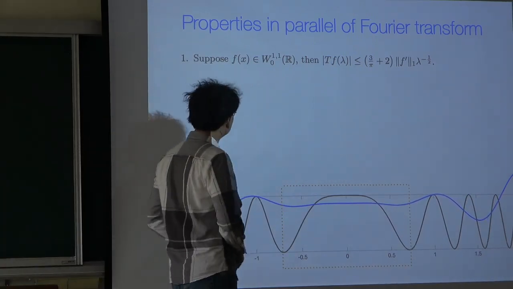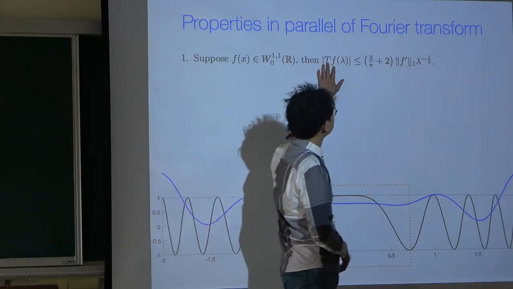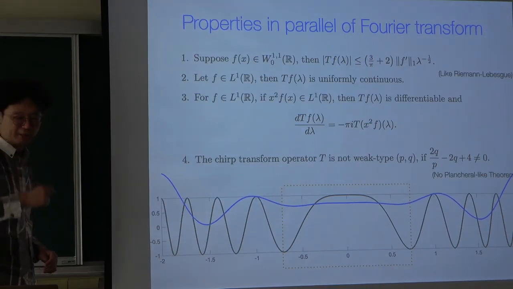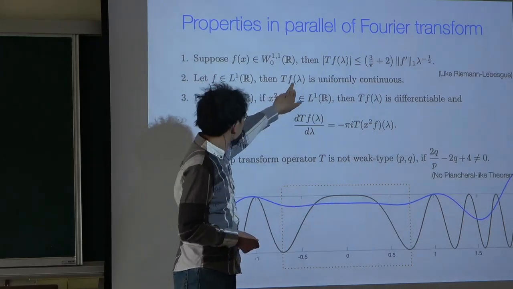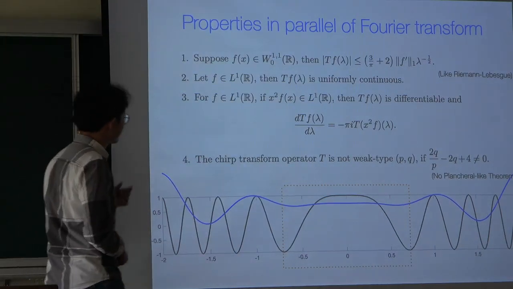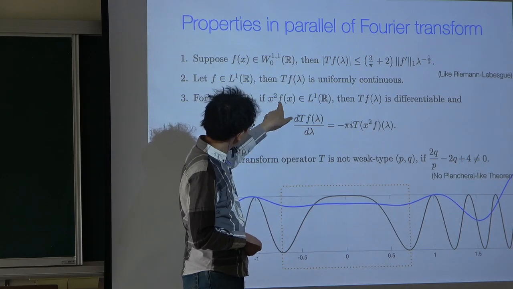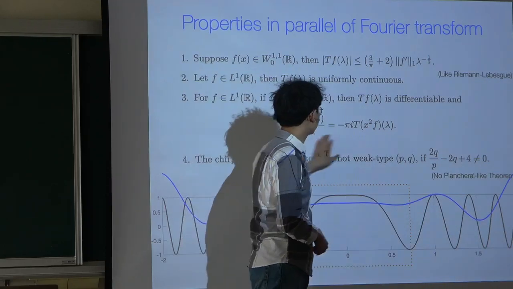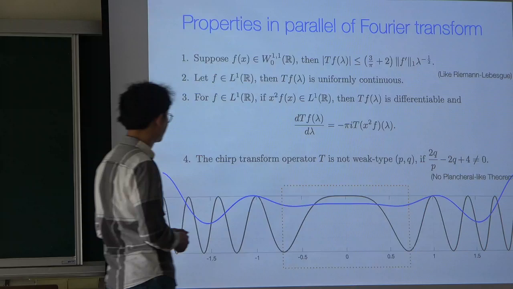For example, if the function is W11, then you will get some kind of decay, and if f is L1, then the Chirplet transform is uniformly continuous. If f is L1 and also x f is in L1, then the Chirplet transform is differentiable, and you have these similar properties as in the Fourier transform.